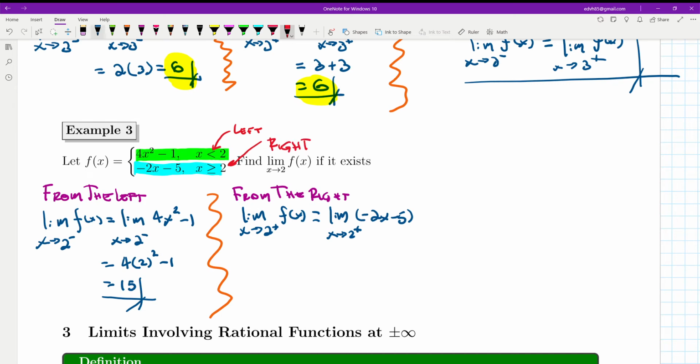So let's compute the limit. All we do is negative 2 times 2 minus 5, which is going to give us negative 4 minus 5, that's negative 9.